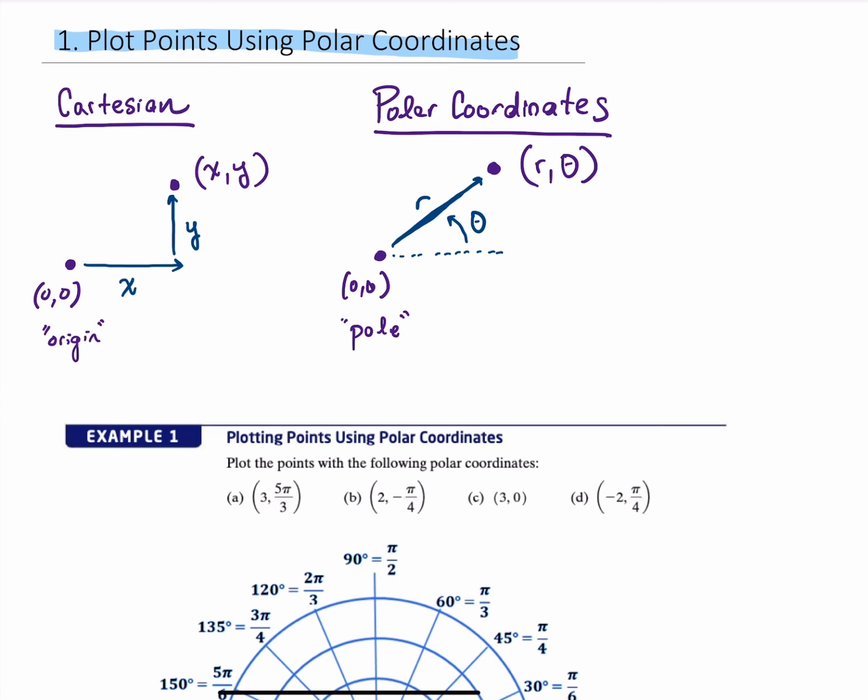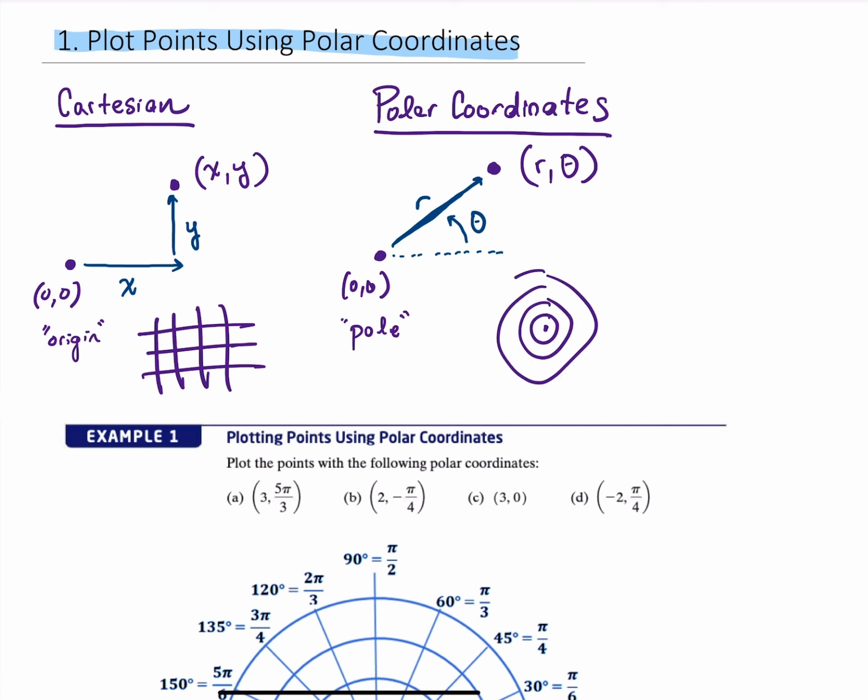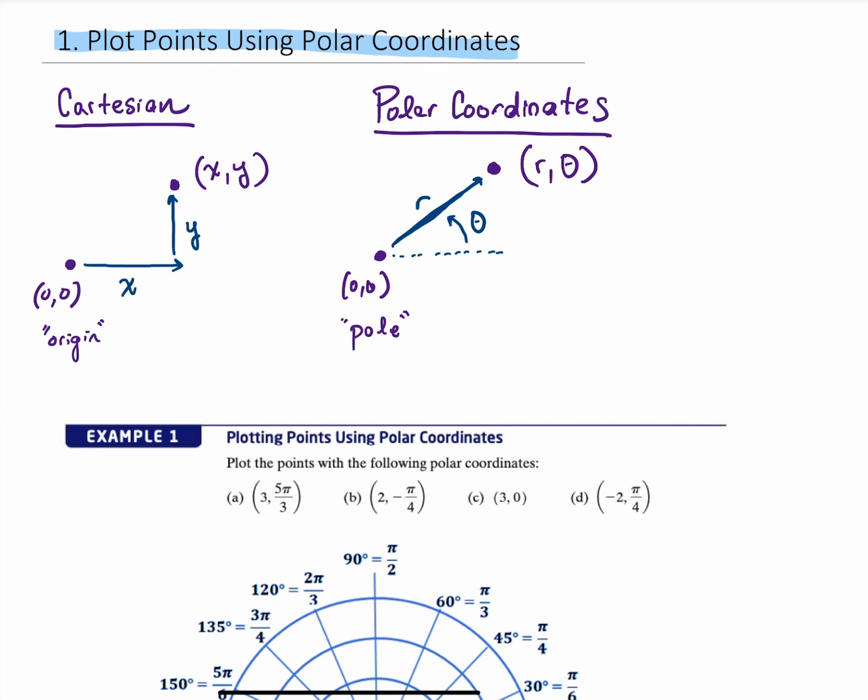We're still on a 2D plane, but now instead of thinking in terms of a grid, which we do with the XY system, we're plotting more so on a series of circles away from the pole. This would be the equivalent of our grid paper. We'll have some practice using this kind of system and plotting some points.